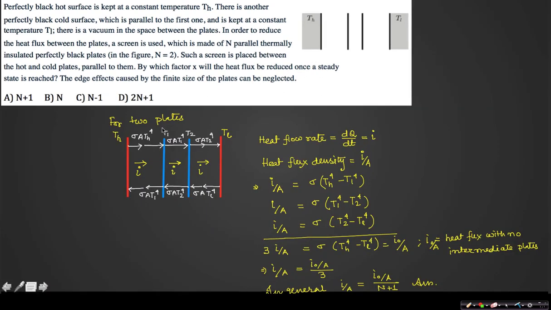Look, I have redrawn the situation here. This is the hot plate and this is the cold plate. The plates are maintained by some external power source, maybe, at temperatures Th and TL respectively. So let me first tell you what the heat current will be if there is no such screening placed.